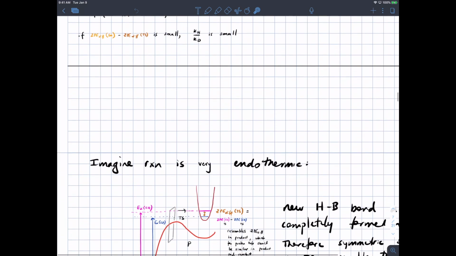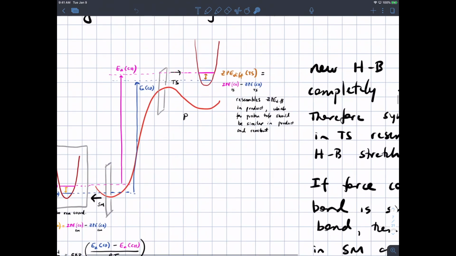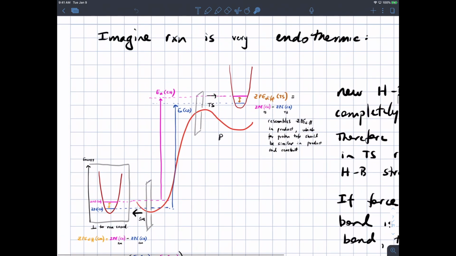Let's imagine a case where the reaction is crazy endothermic, very uphill. Here, our transition state is closer in energy to the product, so the vibrations in the transition state are going to resemble the vibrations in the product. Okay? Now, suppose this is just a proton transfer reaction.